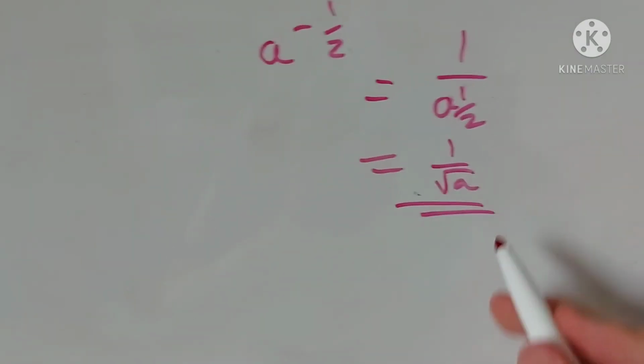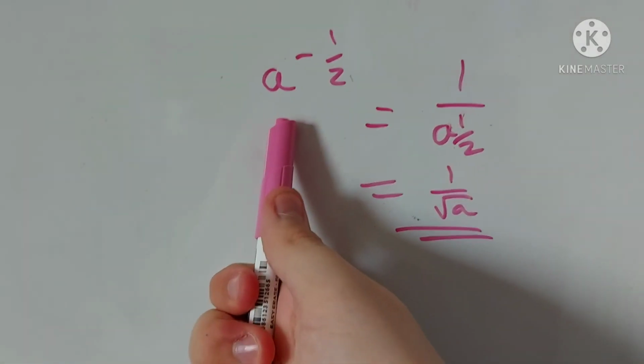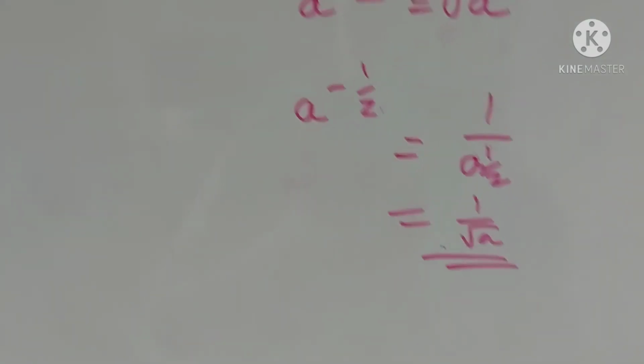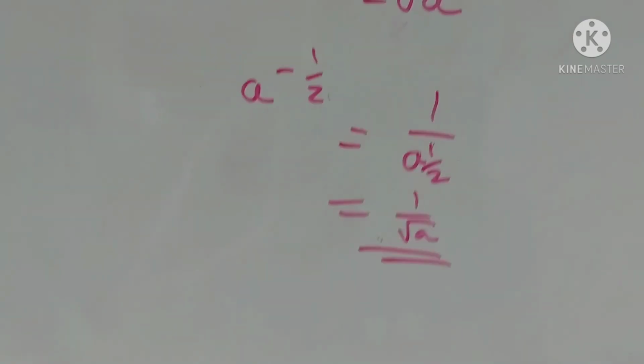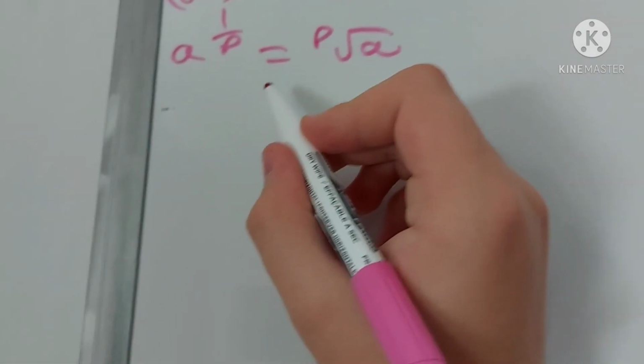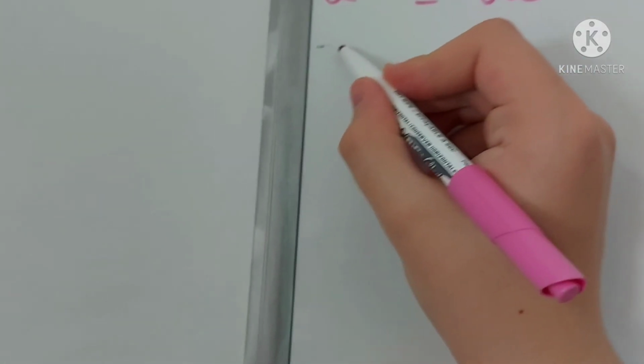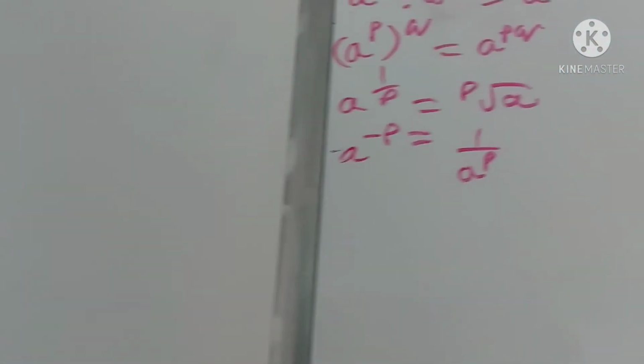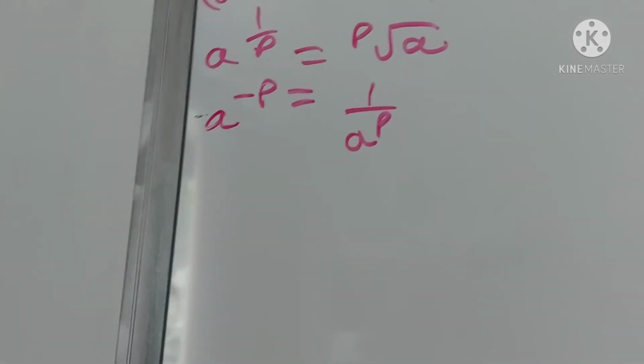I'm not going to do it here because I don't need to at the moment, but you could if you were being pedantic about rationalising the denominator. Anyway, so if I've got a to the minus p, that is 1 over a to the p. Okay, like so.